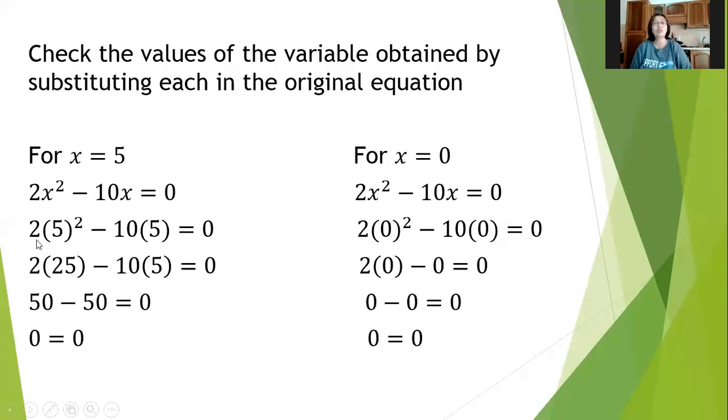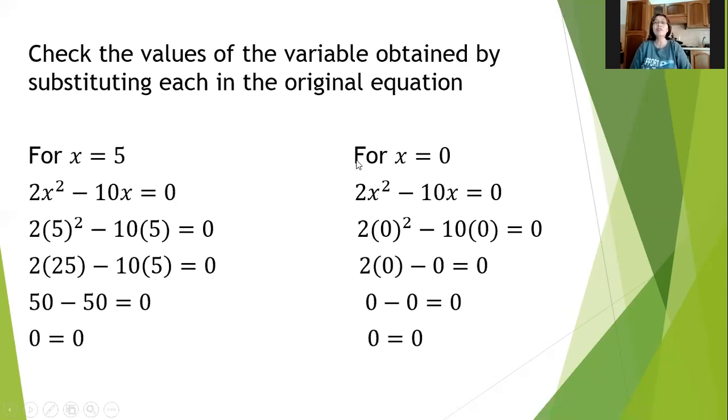Substitute: 2 times 5 squared minus 10 times 5 is equal to 0. 5 squared is 25. 2 times 25 is 50. 10 times 5 is also 50. 50 minus 50 is equal to 0. Therefore, 0 is equal to 0. 5 is a solution of the quadratic equation 2x squared minus 10x is equal to 0.